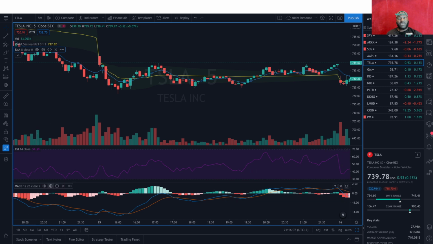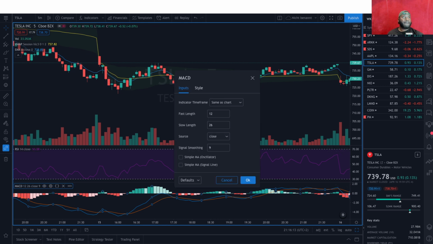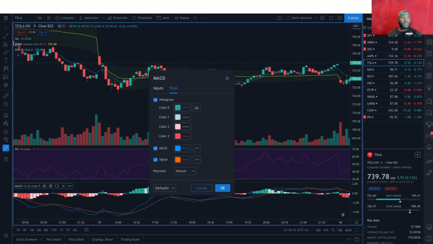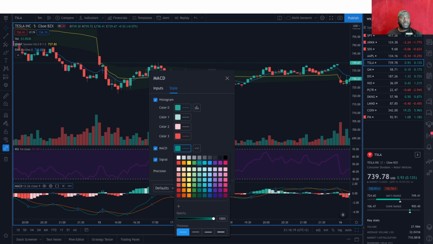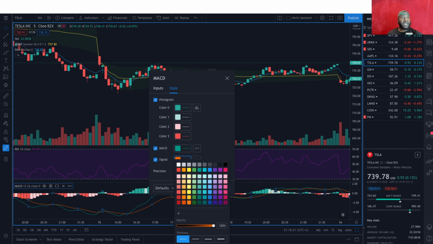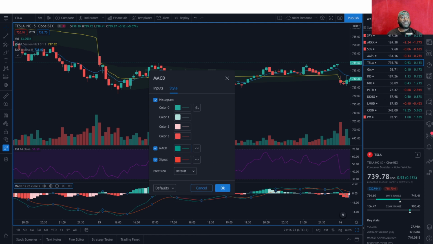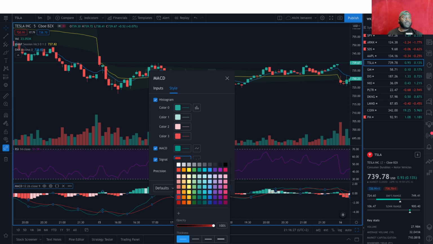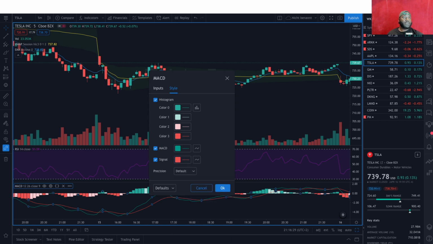But the MACD, I want to change the colors. I don't like the colors. So I go to style. The MACD line, I like this one. And the signal line, I like this one. Okay.